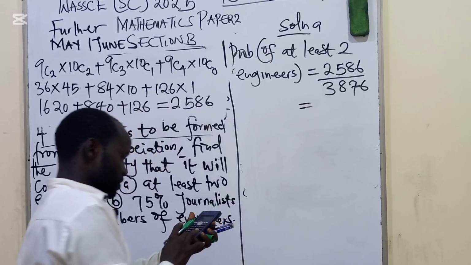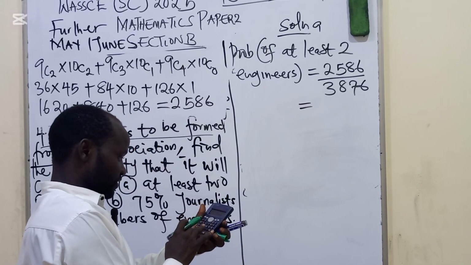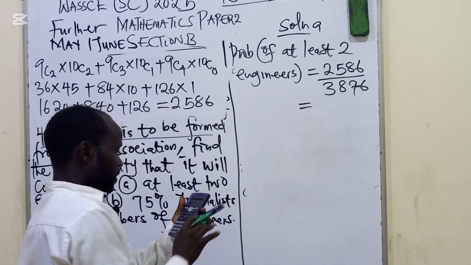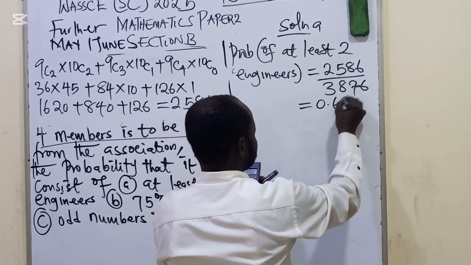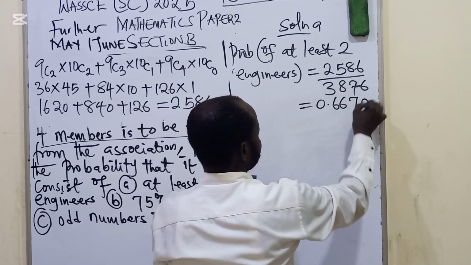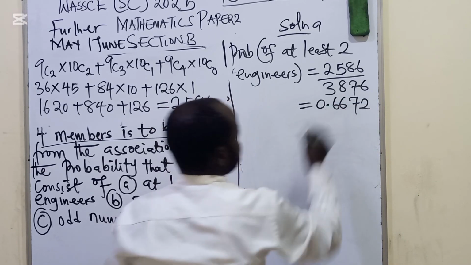We can reduce this, or leave it as a decimal. That will be 0.6672. This will be the solution.